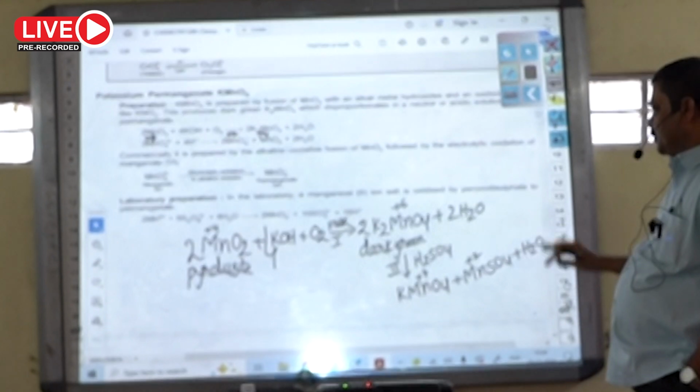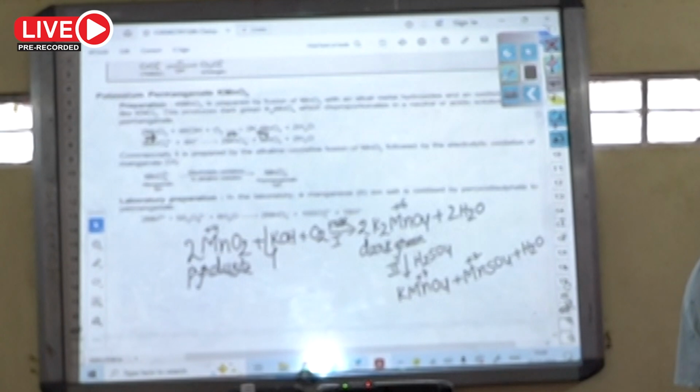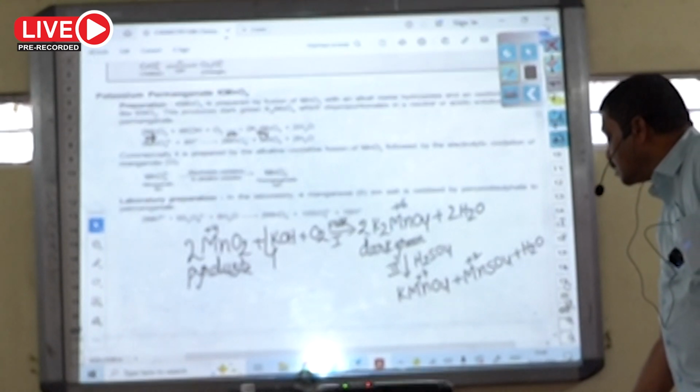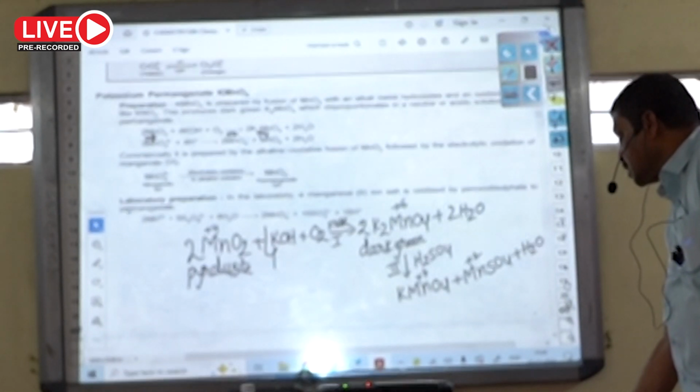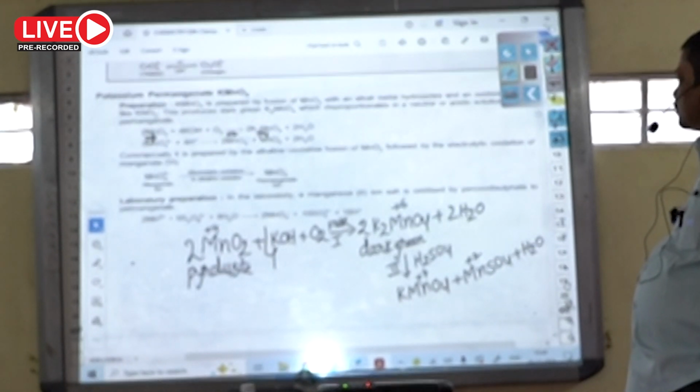So only 2 steps. Pyrolusite MnO2 is fused with KOH in the presence of oxygen. You will get K2MnO4, which is treated with sulfuric acid. You will get potassium permanganate KMnO4, MnSO4 plus H2O. This also you write.